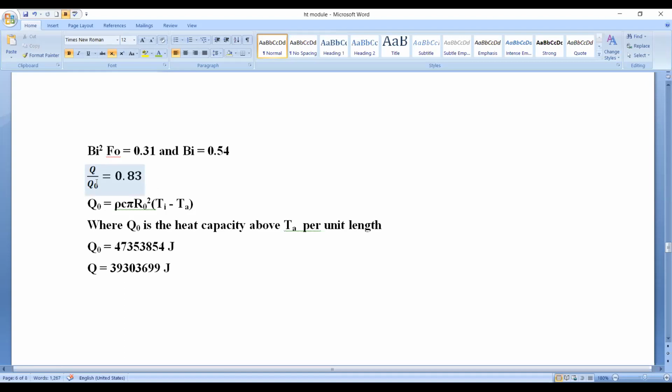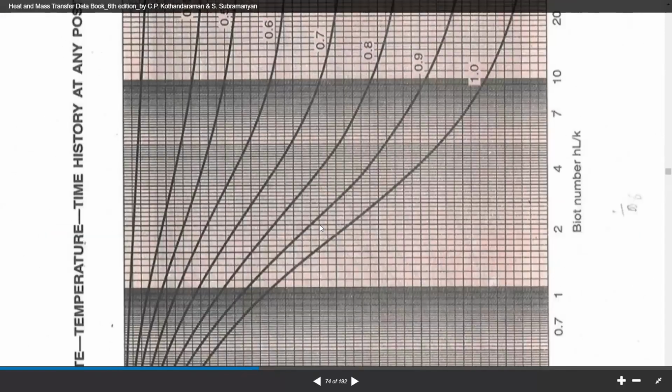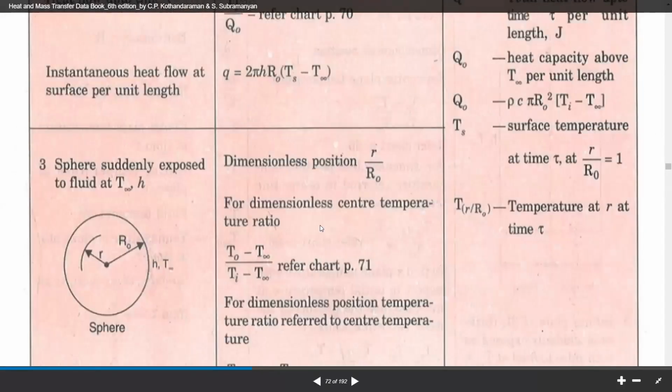Now we got Q by Q naught equals 0.83. Now how to get the value of Q naught? In the data handbook itself, he has given the formula to calculate Q naught. Go to the cylindrical geometry where you can find the formula.